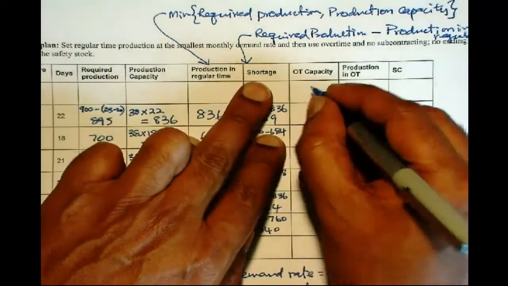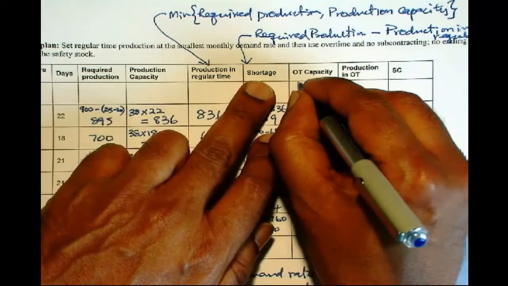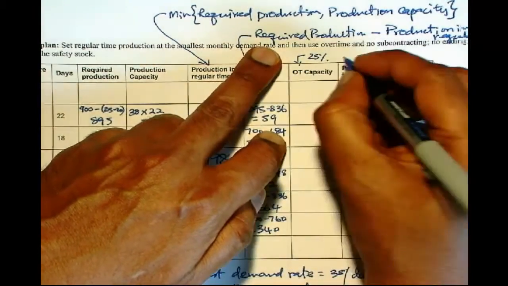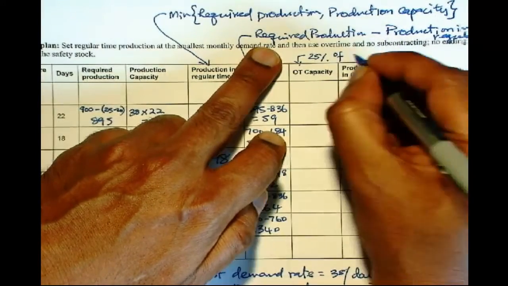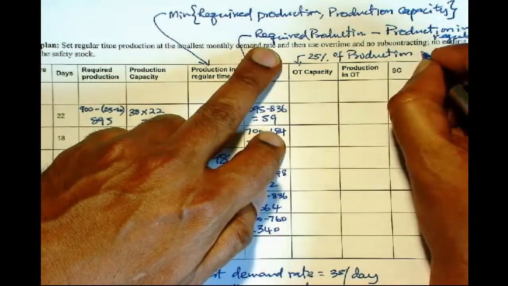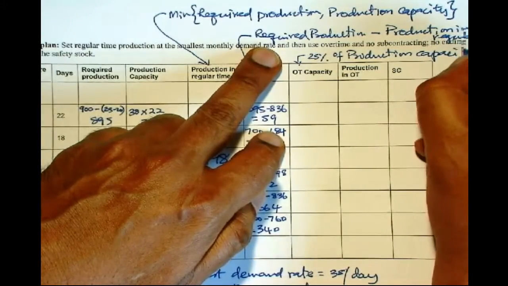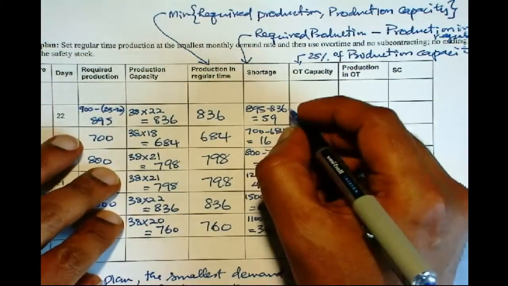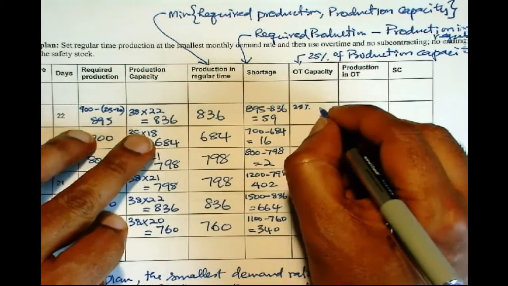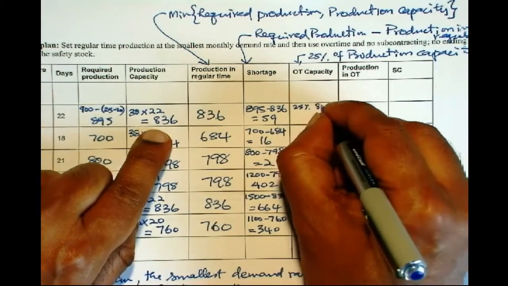So this is 25% of production capacity. So this will be 25% of 836.